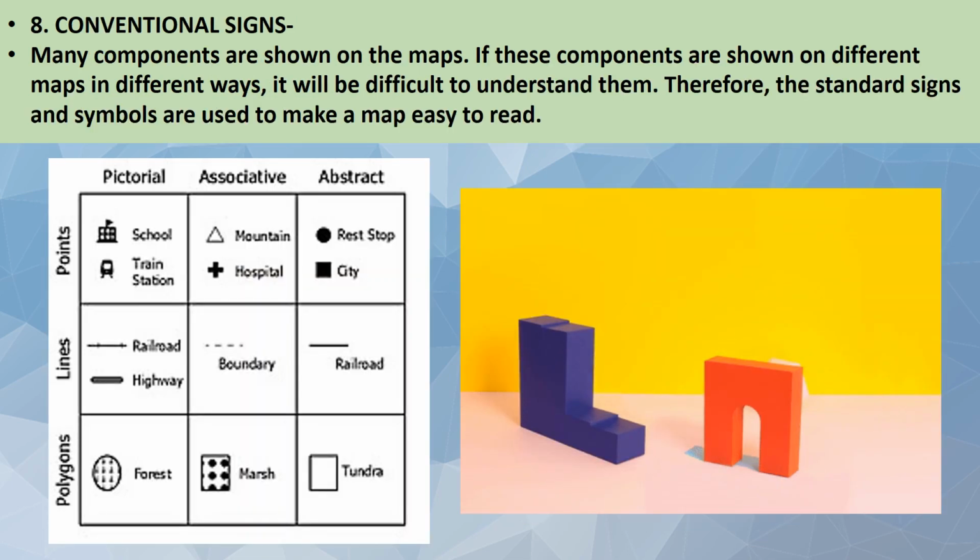Conventional signs are the signs used on maps to represent different features. They are widely accepted to signify an idea or concept. It is impossible to label every single word on a map, and so conventional signs and symbols are used.